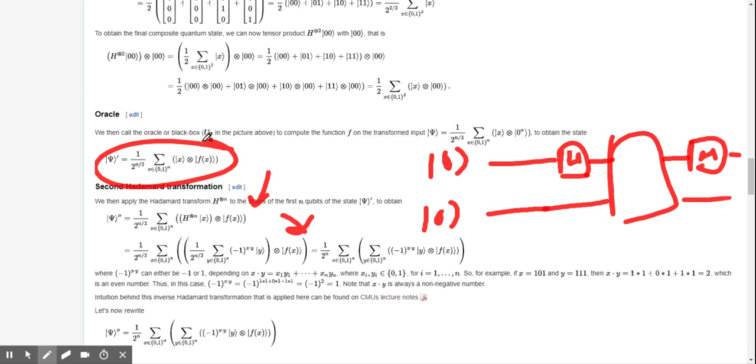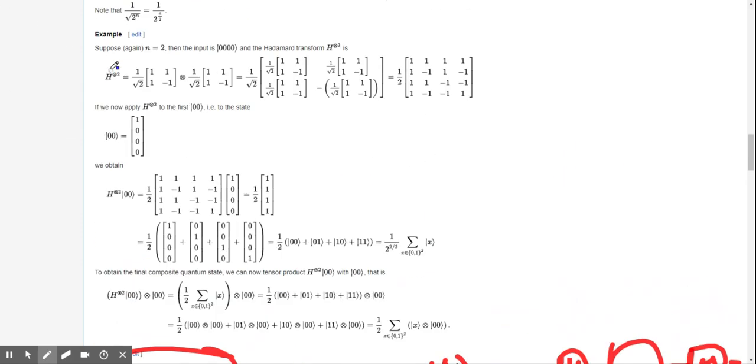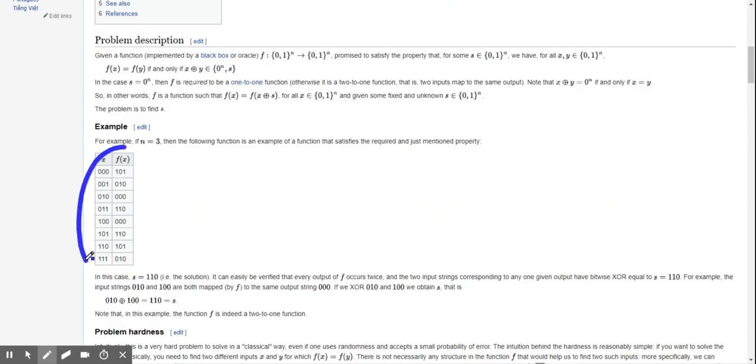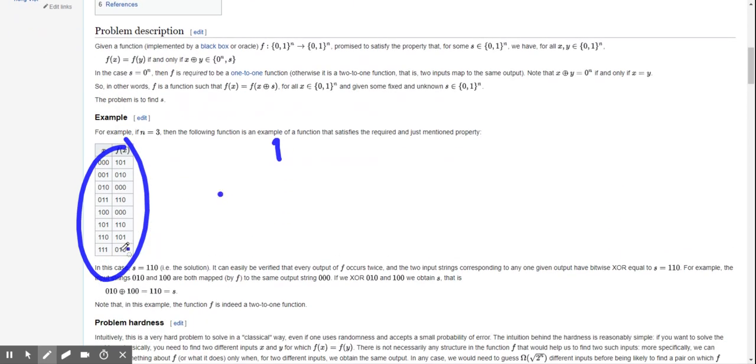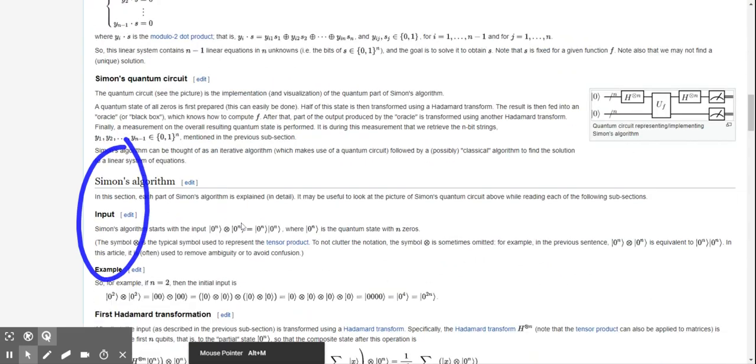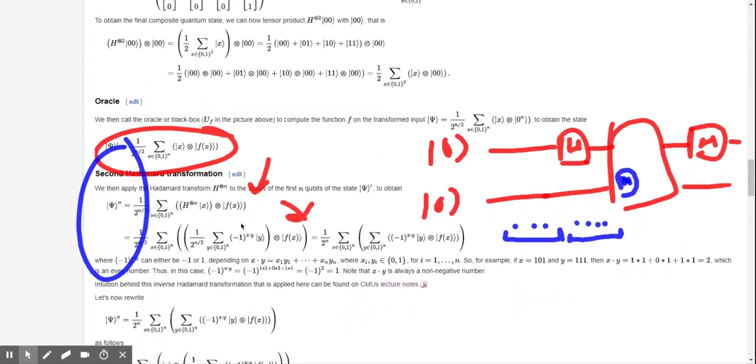This means there has to be a Hadamard on the output register, because the idea is that the first qubits are a superposition of the input, and then they're mapped to the superposition of the output. So you essentially have these as a superposition with equal probability.